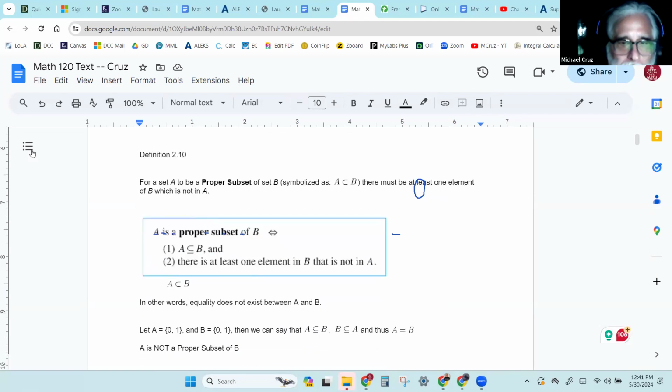Now, closely related to that is proper subset. The proper subset symbol is that one there.